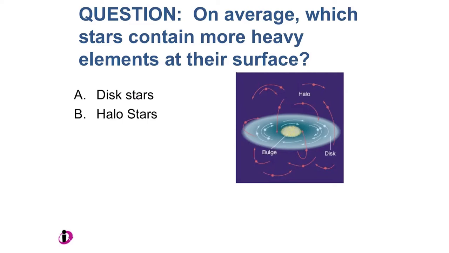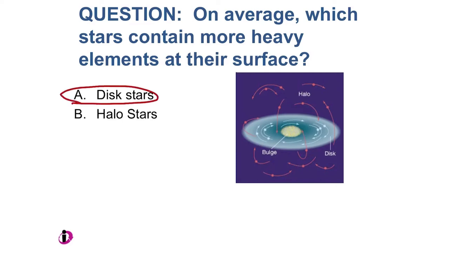And every subsequent generation of stars should have more and more of these heavy elements in the clouds that they formed from, and still have those elements at the surfaces of those stars. And so it tends to be that the younger a star is, the more recently it was formed, the more generations of supernovae had gone off, the more heavy elements they tend to have at their surface. And so it's disk stars that tend to be more metal rich, we say.